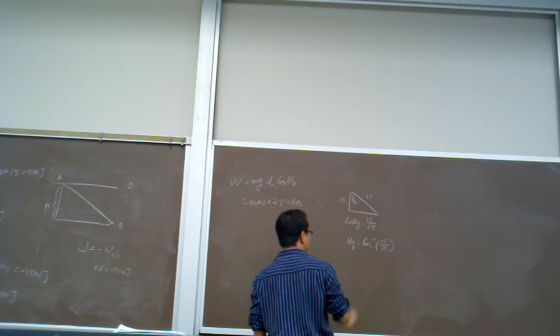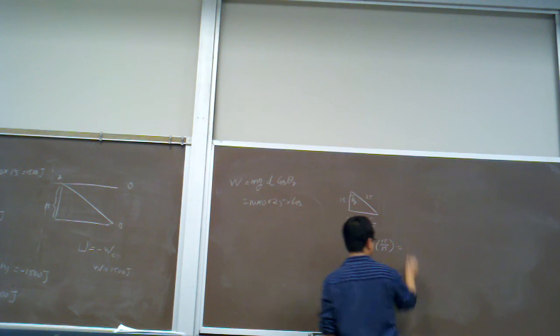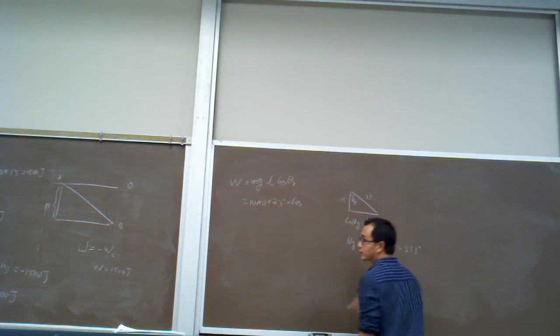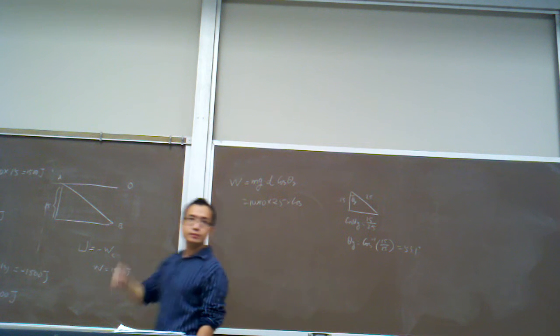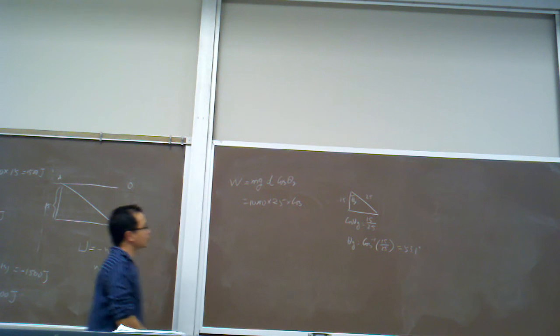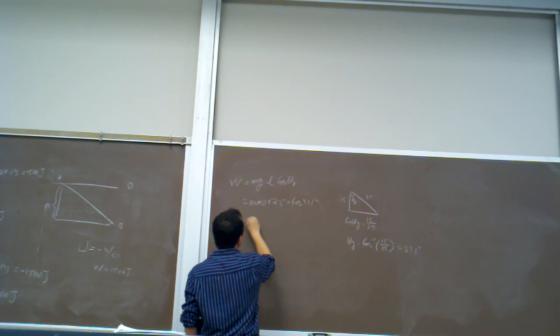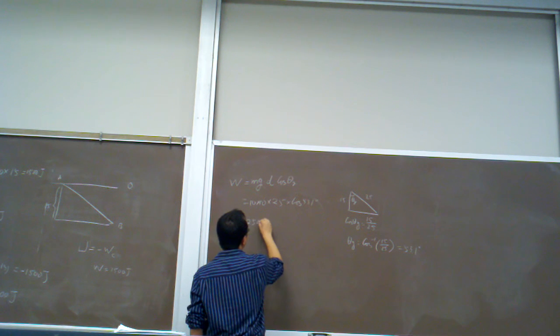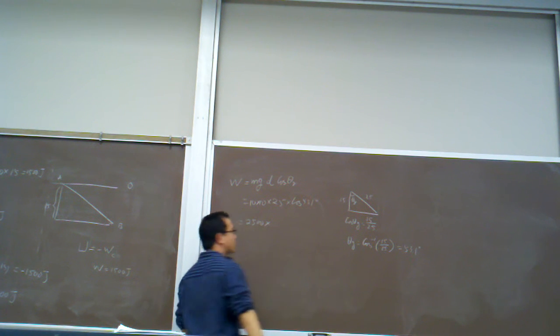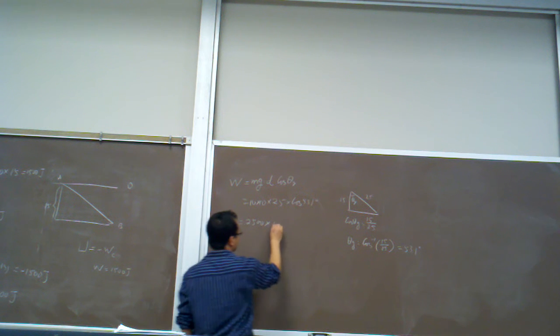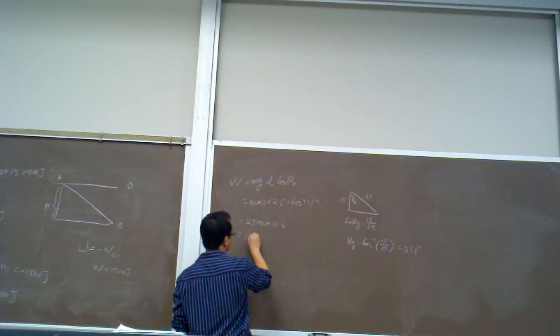In fact, you can see that it has to be 53.1 degrees. You can calculate that. Then you put this angle here. You are going to get 2500 multiplied by cosine 53.1, which is 0.6. We get 1500.